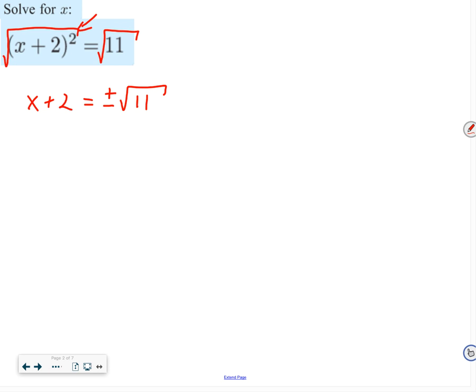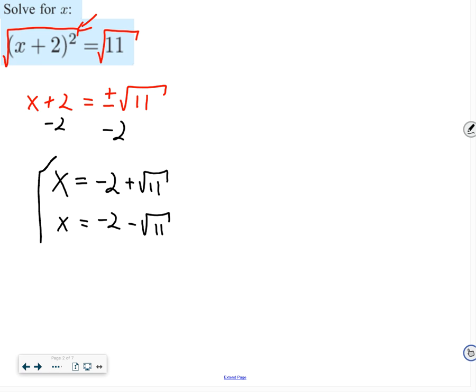The square root of 11 is irrational, so we're just going to leave it as a surd. Now to get x by itself, I'm going to subtract 2 from both sides, and I get x equals negative 2 plus square root 11, and negative 2 minus square root of 11. So I get two solutions here. This is the most basic type of solving this quadratic, just by taking the square root.